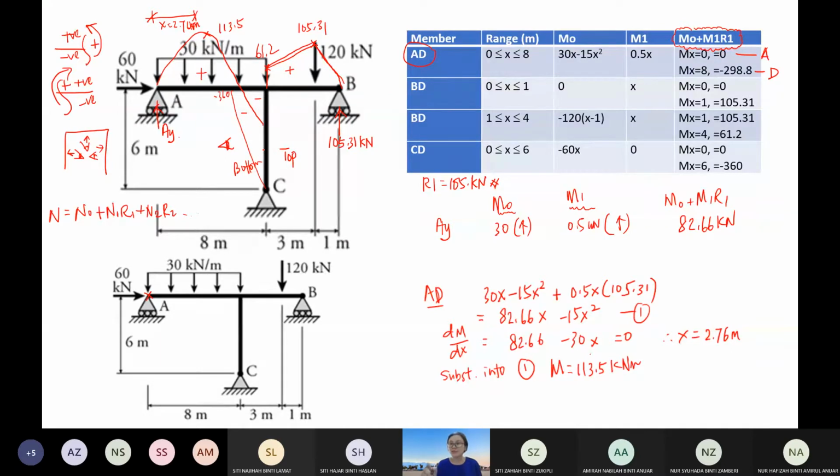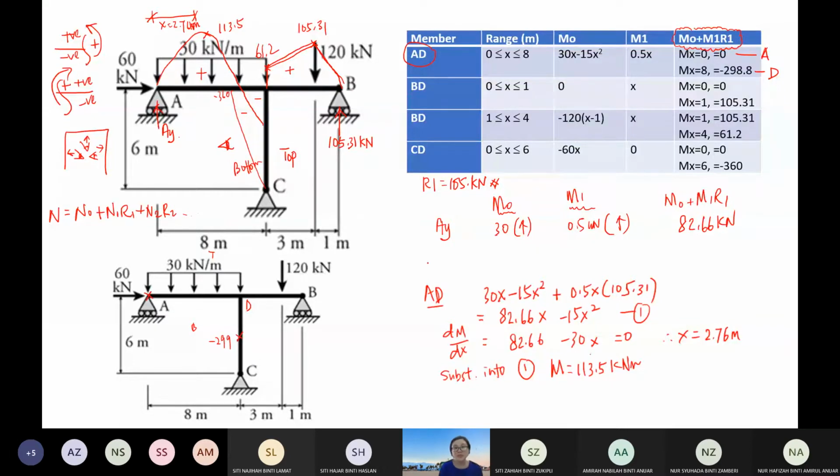So now I proceed with D. D is negative 299, meaning that you need to draw it at the bottom of your beam AD. So this is top, this is bottom. I put it here, negative 299.